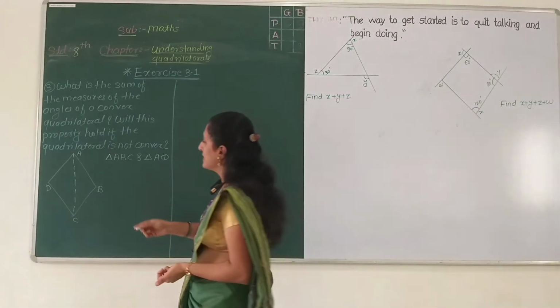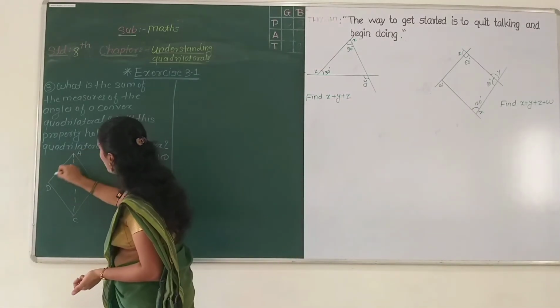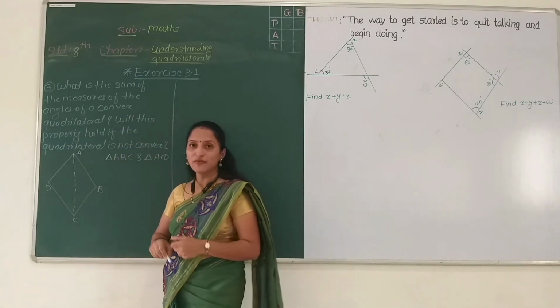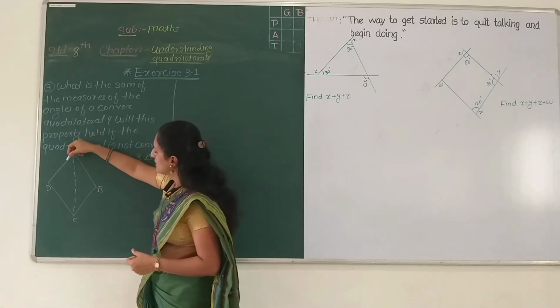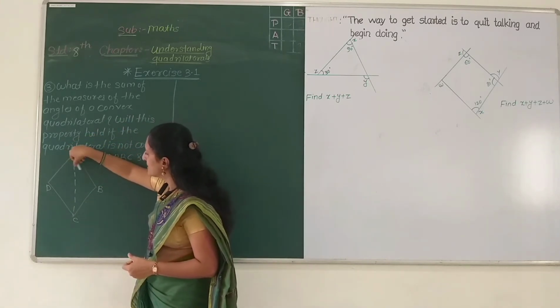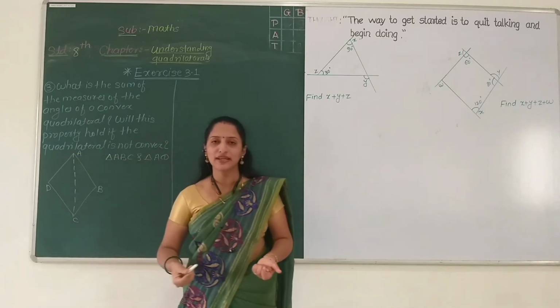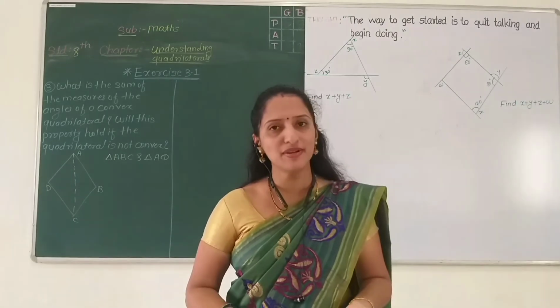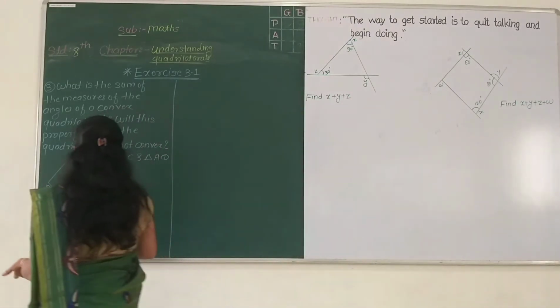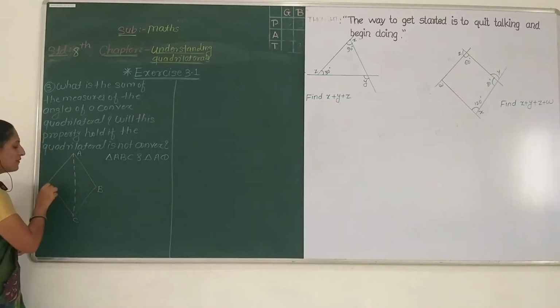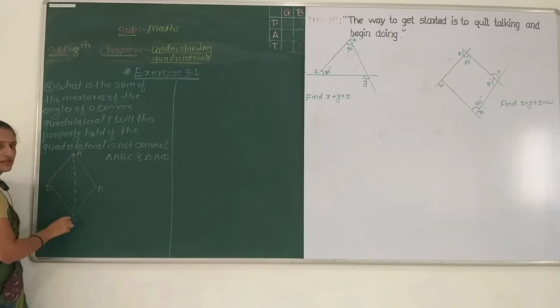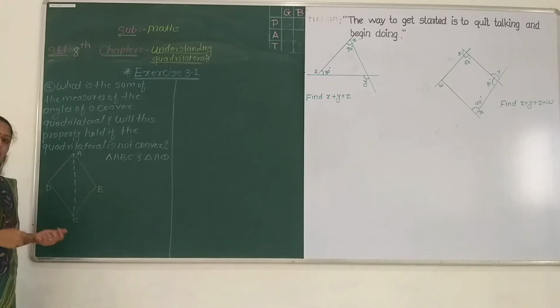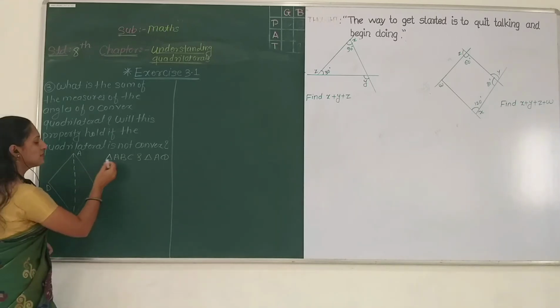So while calculating the angles of the quadrilateral, if we find the sum of angles of these two triangles, then we get the sum of all angles of the quadrilateral. So it's very simple. Instead of calculating the sum of the angles of the quadrilateral directly, we can use the angle sum property.